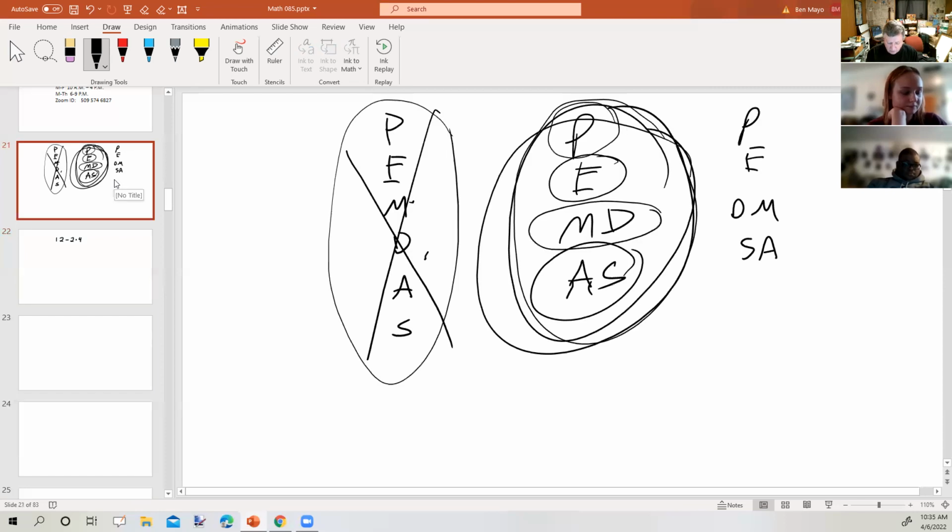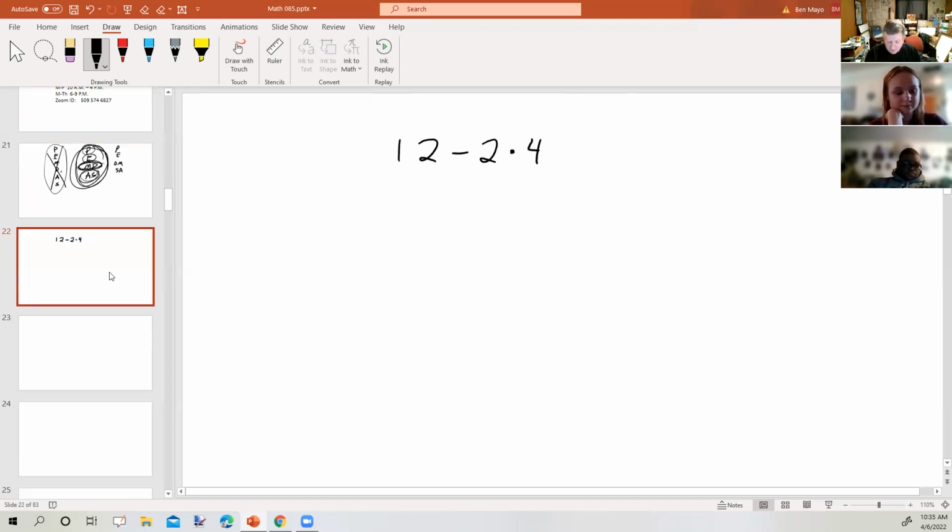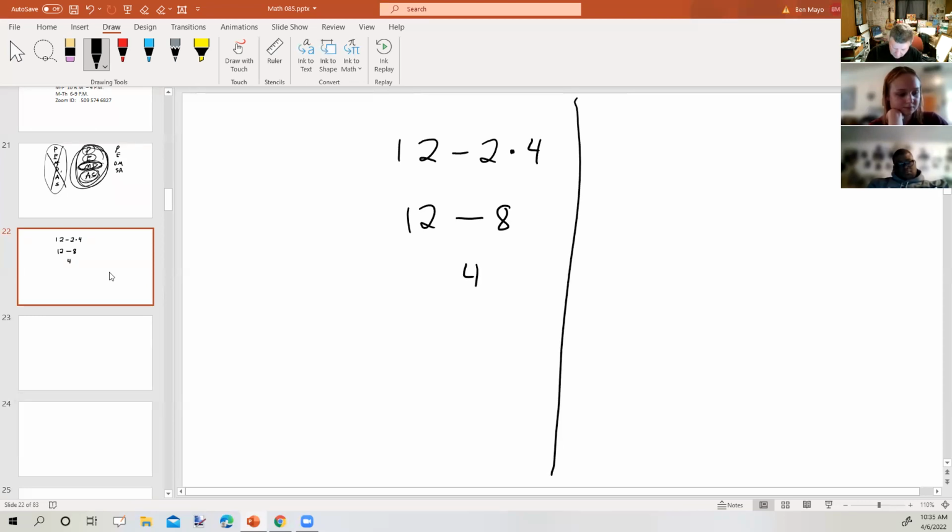Well, if we go back to our order of operations, multiplication or division comes before addition or subtraction. So this would be 12 minus 8, doing the multiplication first. And then finally, the subtraction, 12 minus 8 is 4. Any questions about that problem?